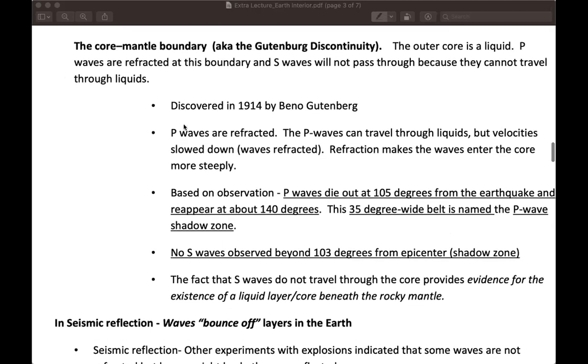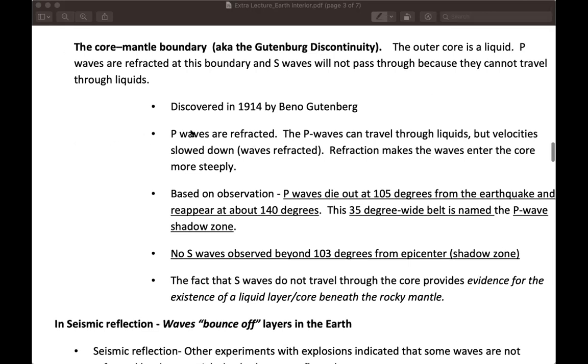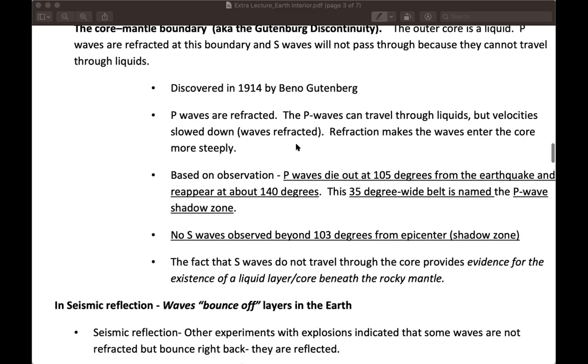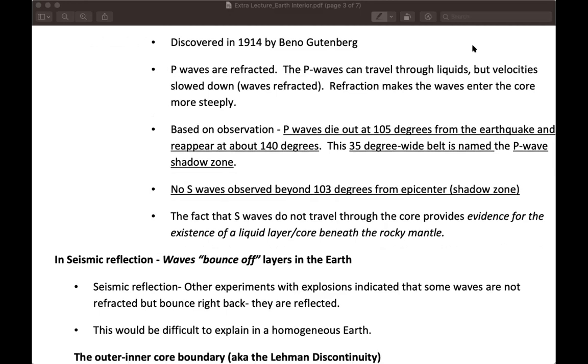Okay, and P waves are refracted. That means they are bent, right? So they change the velocities as well, because of refraction, the velocity change happens. Because of this bending, the wave enters the core very steeply, right?